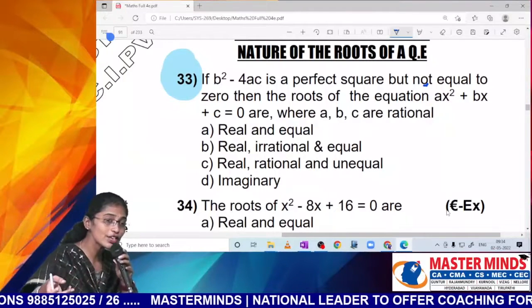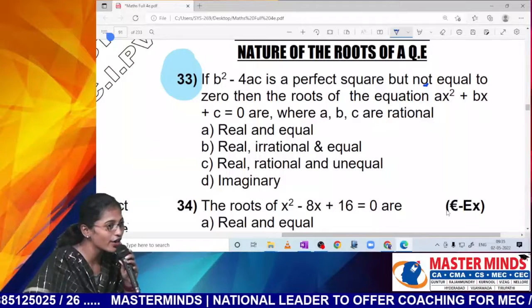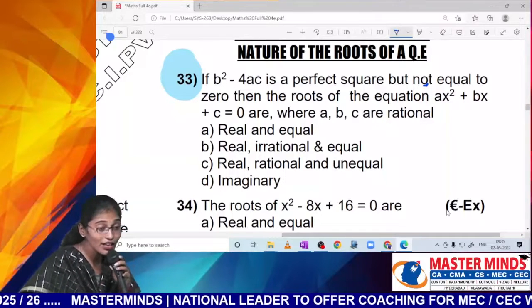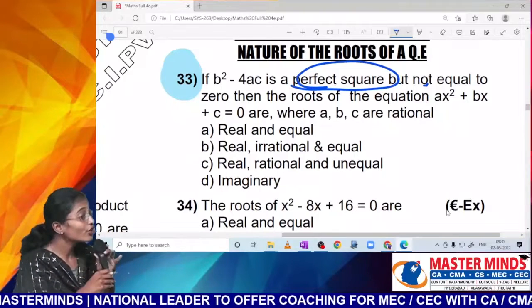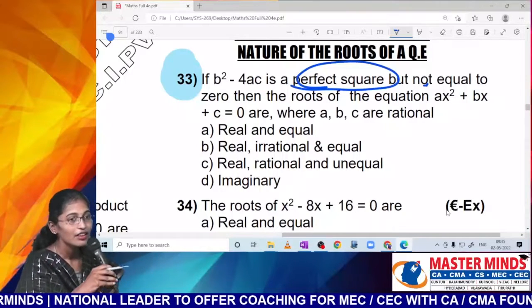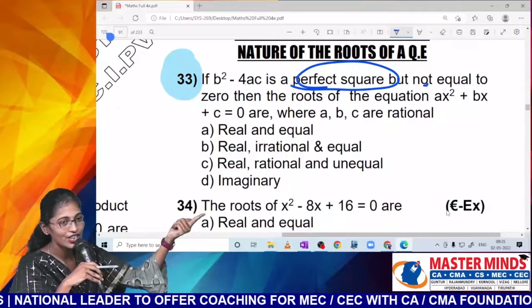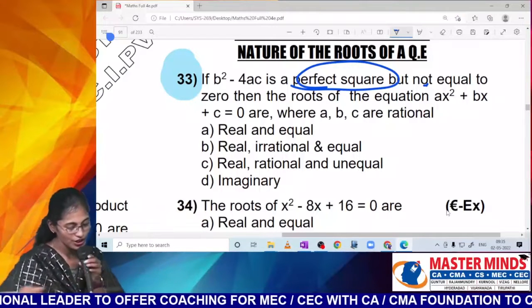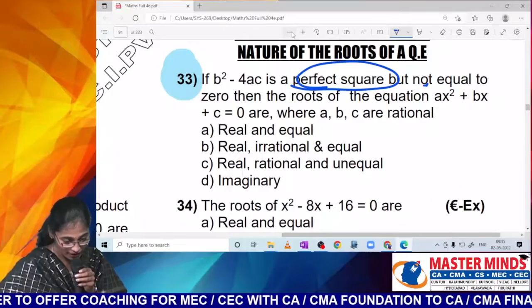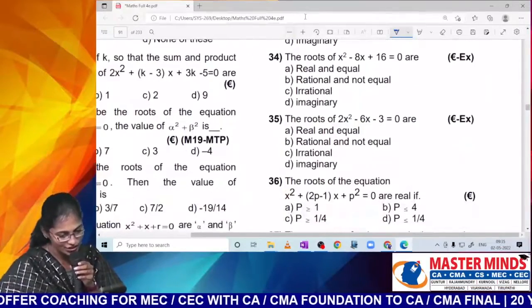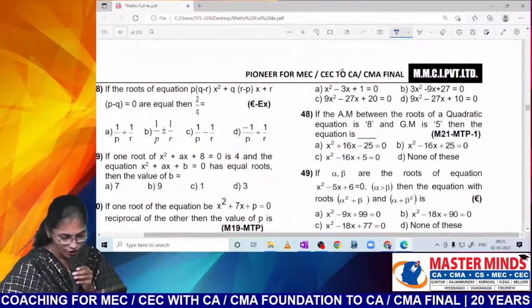Not equal to 0, means positive, greater than 0, right? B square minus 4ac is greater than 0 and a perfect square. Do you know the nature of roots? Real, distinct, rational. These kinds of questions are very important for the exam, Nana. So please learn by heart the nature of roots topic in your textbook.